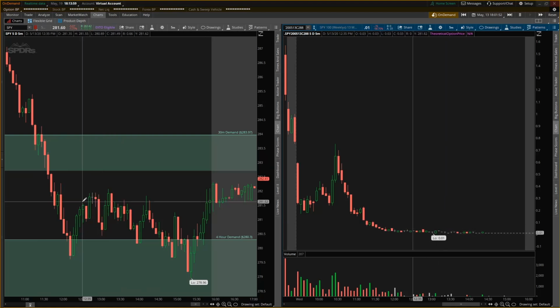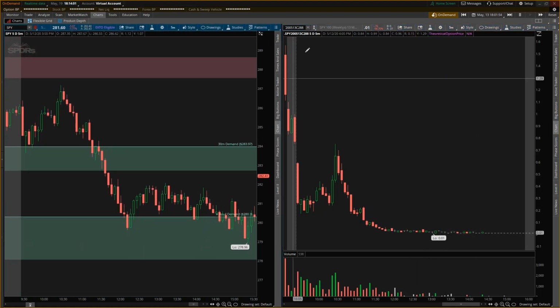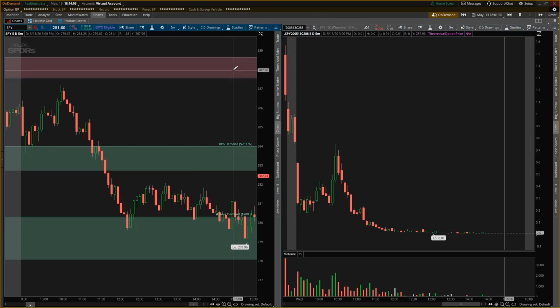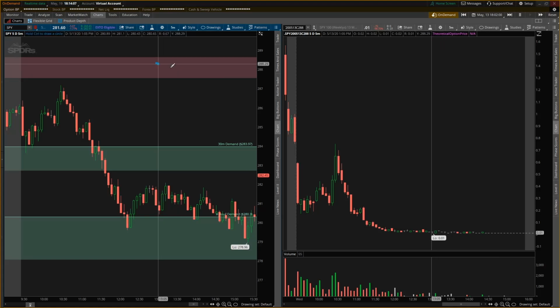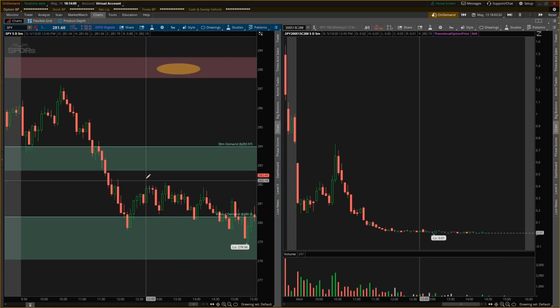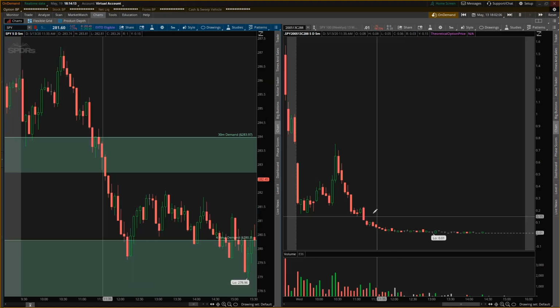They were worthless because we were buying the 288 strikes for the current day's expiration. SPY would have had to get up to where my cursor's at, right up here, for these contracts to be in the money. And the percentage chance of that happening is very slim. That's why these are worthless, because as time gets closer to expiration, Theta will burn and Theta will kill your option contracts.